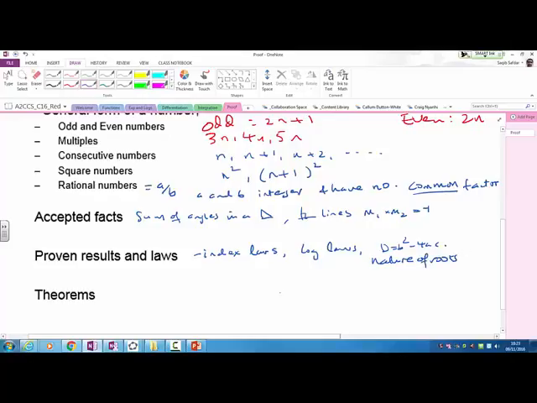That's just proven. You don't need to start proving this stuff. And theorems are things like Pythagoras' theorem and the circle theorems.